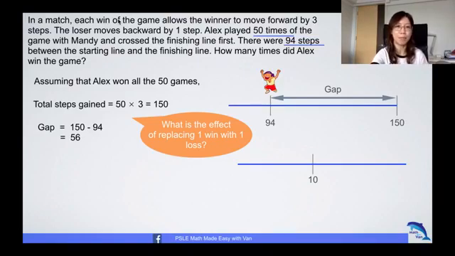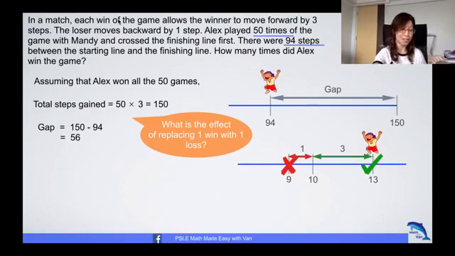If he wins the next game, he would move forward 3 steps and now there are 13 steps. But if he lost, he'll be going backwards 1 step, he'll be at 9.